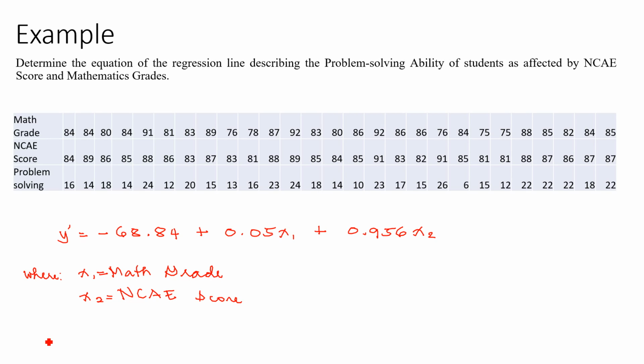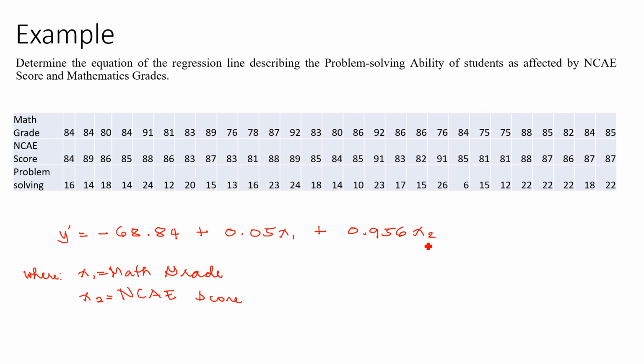Now, because we have the equation of the regression line, we can predict the problem solving skills. So we could have the values of x sub 1 and x sub 2 arbitrarily.